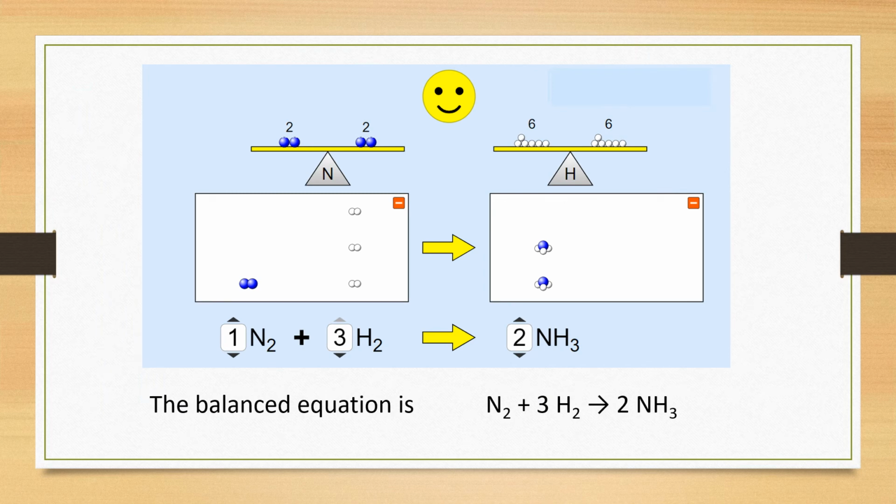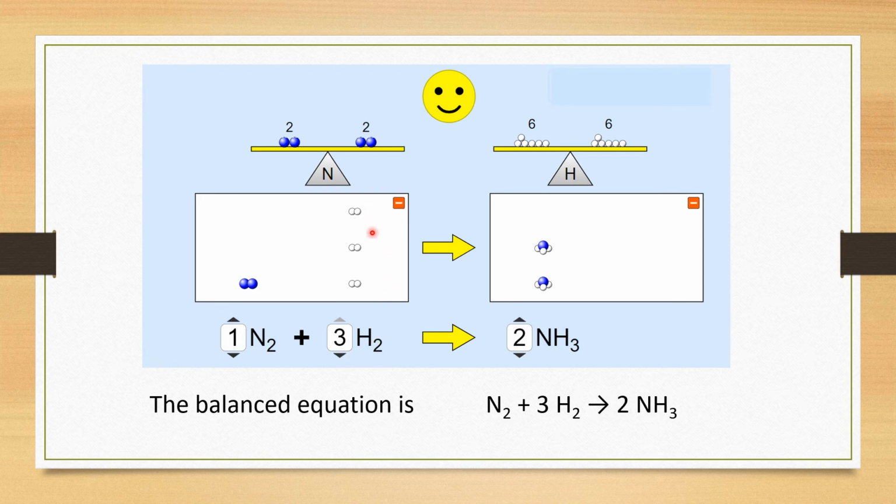To increase the number of hydrogen atoms to 6 on the reactant side, we must multiply the H2 molecule by 3. This is done by placing the coefficient 3 in front of H2.